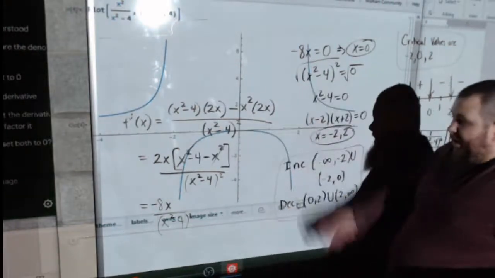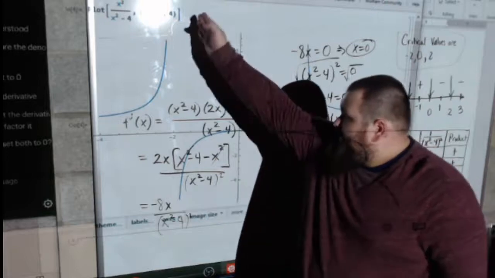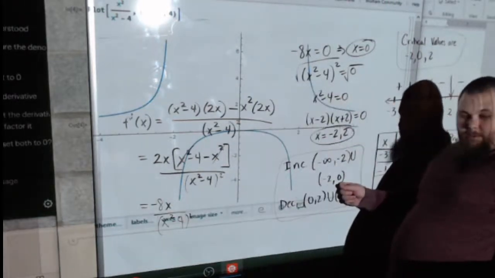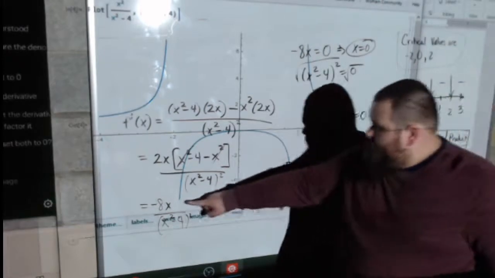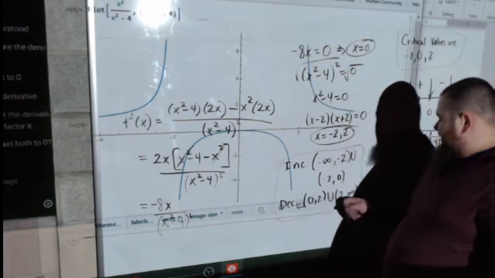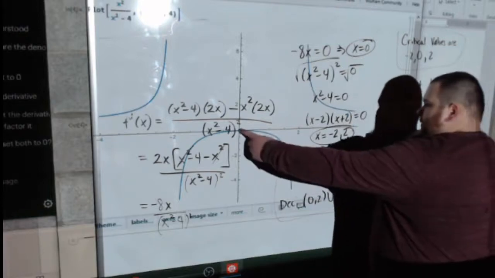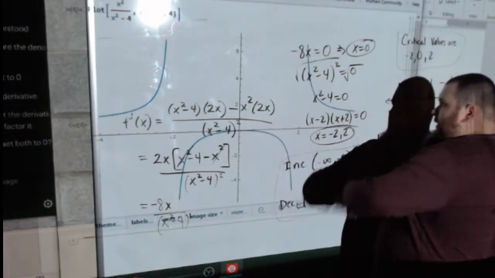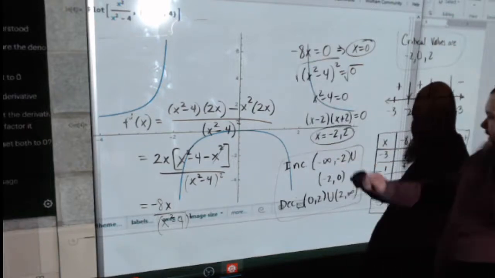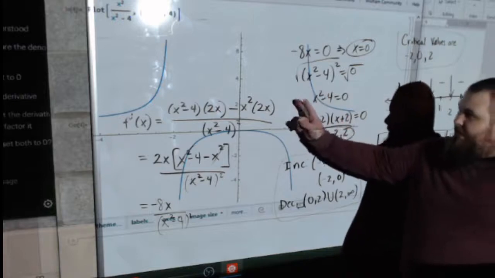Then it has to have a break because there is an asymptote. And it's increasing from -2 to 0. Then we said it decreases 0 to 2 and 2 to infinity. So it looks like this is good for the plot.